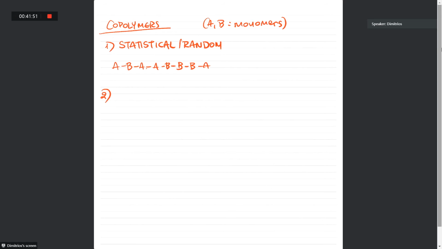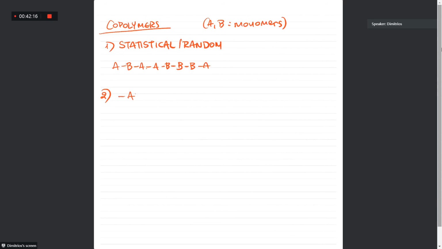The second case is an alternating copolymer, okay? The process that we use in order to create alternating copolymers is a polymerization called step growth polymerization, okay? Maybe Gabriel will explain more about this type of polymerization. We focus on the physics here.